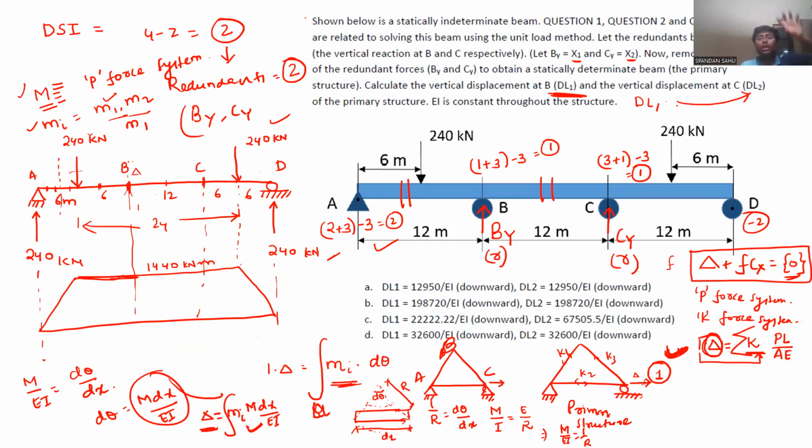You removed that roller B, you removed roller C, and you have 240 kilonewton acting symmetrically. So when you cut the beam from its middle and see the deflection profile or the elastic curve, mostly the deflection profile would be symmetrical or not? Yes.